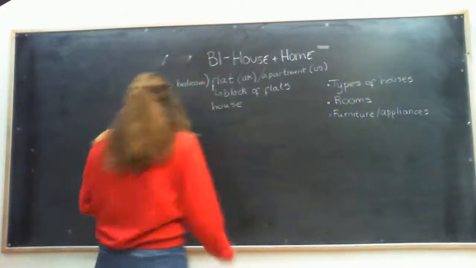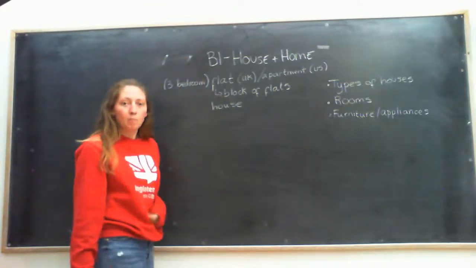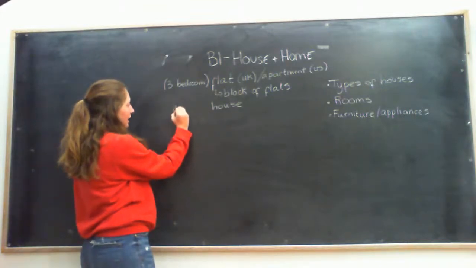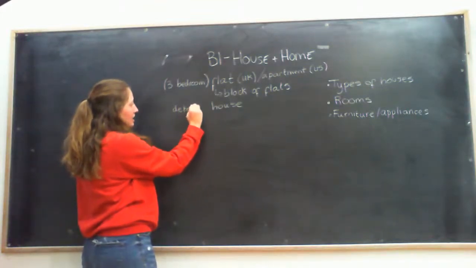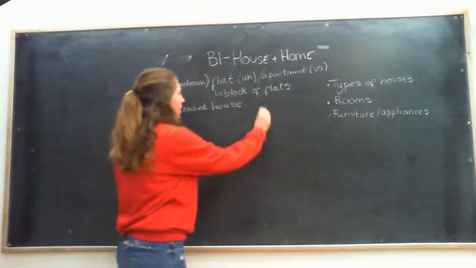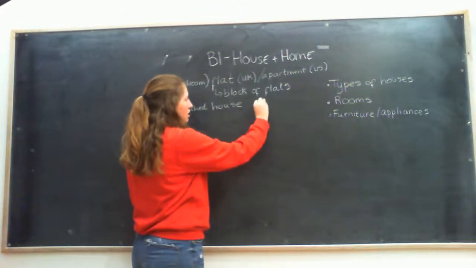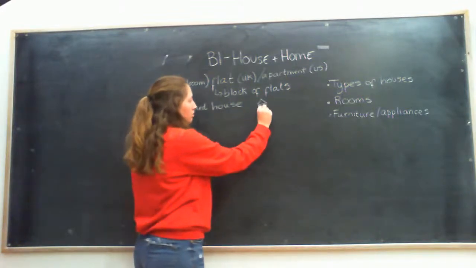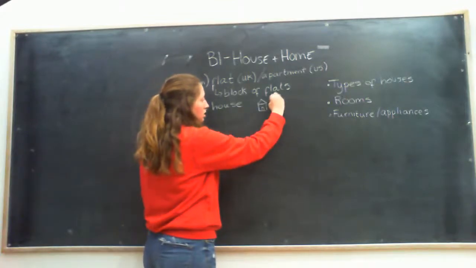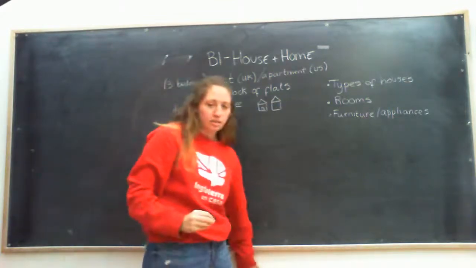Now, a house, we can again be more specific. So we can say, I live in a detached house. A detached house is a house on its own with a door that doesn't share any walls. This is a wall.